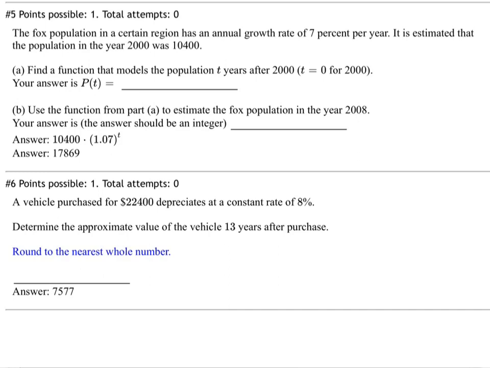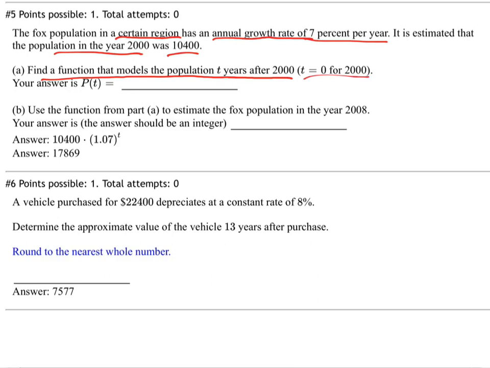The fox population in a certain region has an annual growth rate of 7% per year. It is estimated that the population in the year 2000 was 10,400. So find a function that models the population t years after 2000.